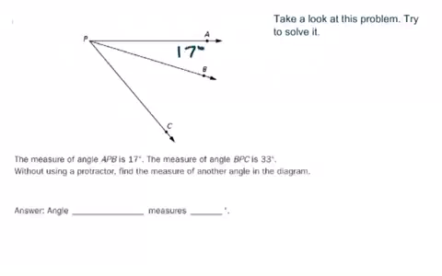The measure of angle BPC is 33 degrees. Without using a protractor, find the measure of another angle in the diagram. So see what you can do with that.